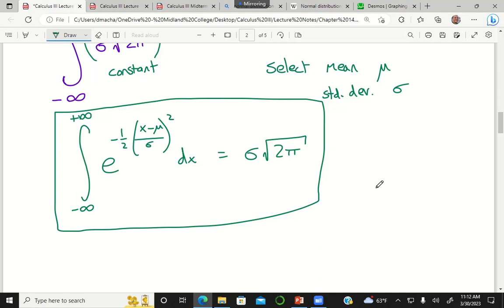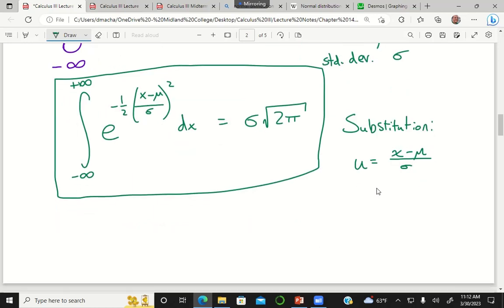So the first thing I want to do is a little substitution. For my substitution, I want to say that u is going to be equal to x minus mu divided by sigma. So if I say this, then the derivative of u with respect to x is just 1, no, sorry, 1 over sigma.